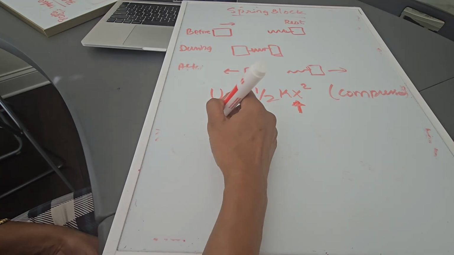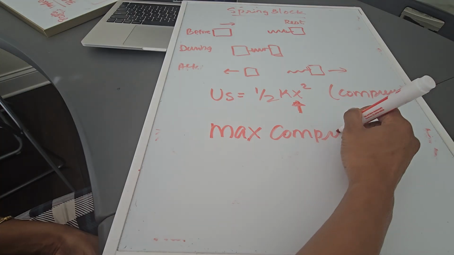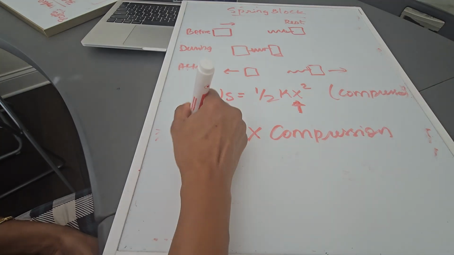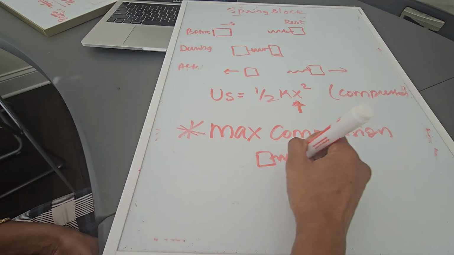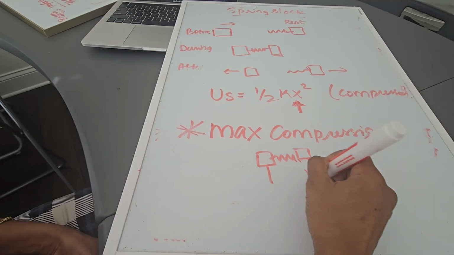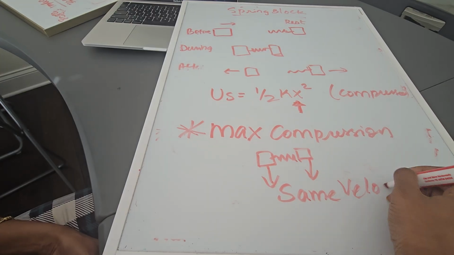There's also a situation where they sometimes ask you to calculate the maximum compression. When you do this, keep in mind that during the maximum compression of a spring block system, both of the blocks will have the same velocity.